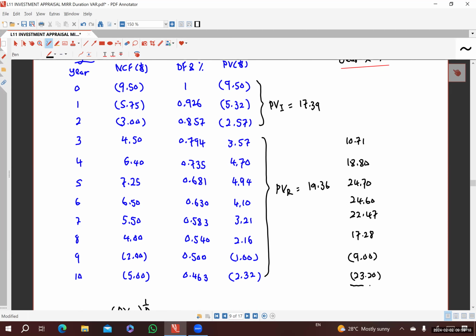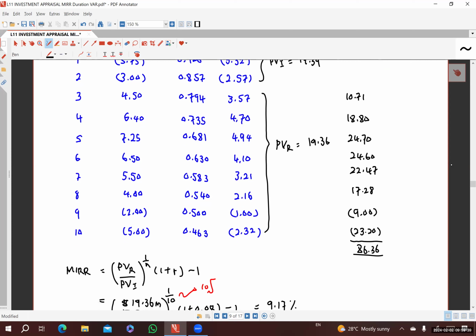If we total all this, this is the weighted average, 86.36.